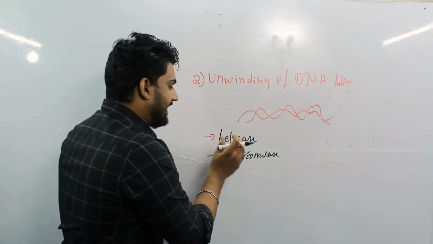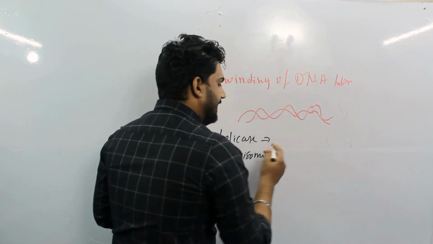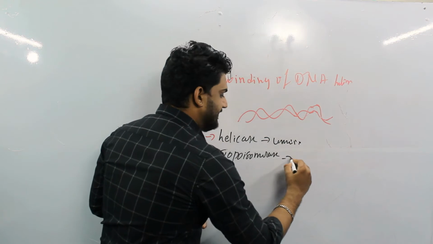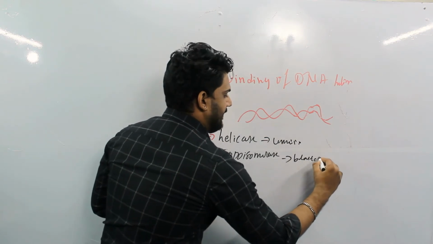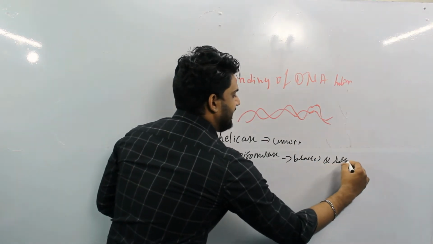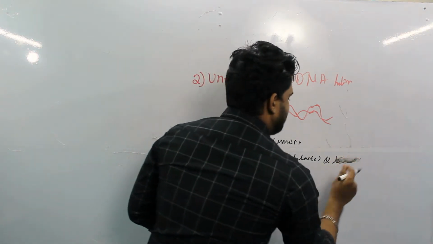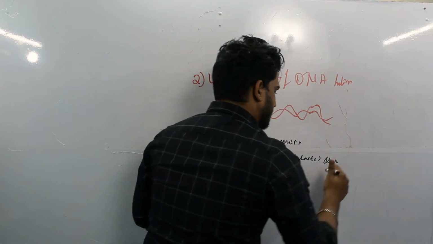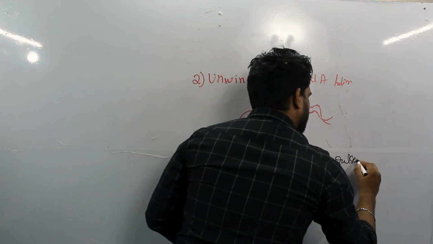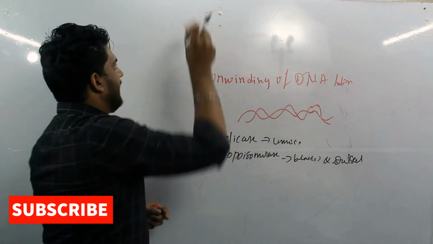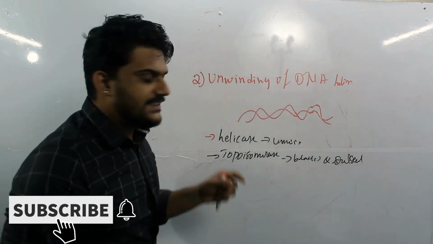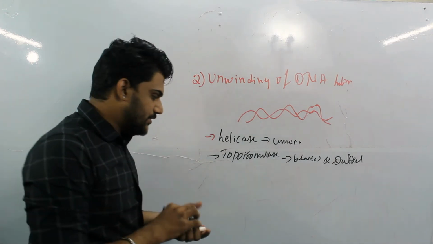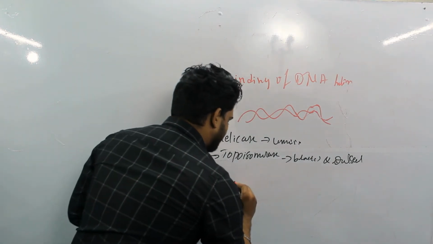The helicase unwinds, and the topoisomerase breaks and reseals the DNA helix structure. So how are they going to act simultaneously to produce a structure like this?